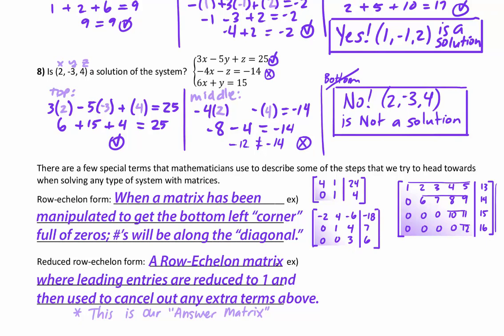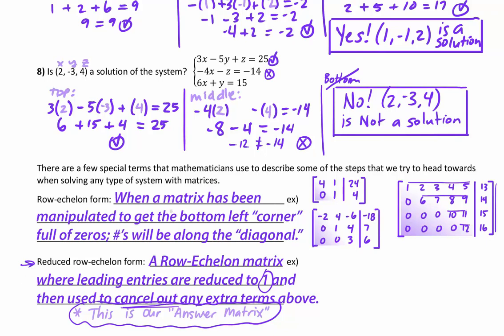That's actually pretty important. That tells us the diagonal has been reduced down to 1. Then we use all those 1s to cancel out any extra terms, and this creates our answer matrix. An answer matrix is called a reduced row echelon matrix.